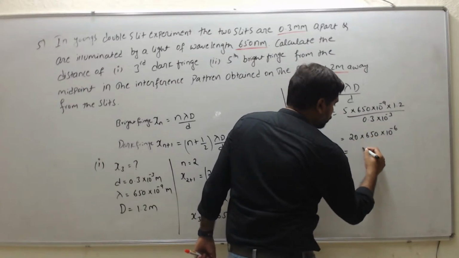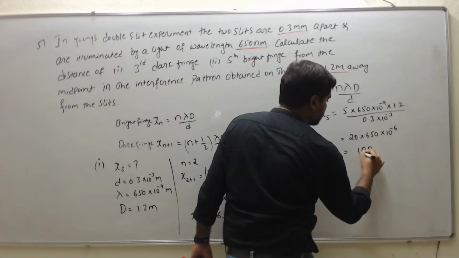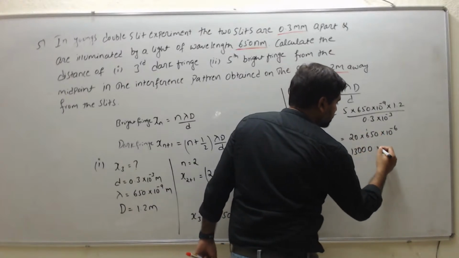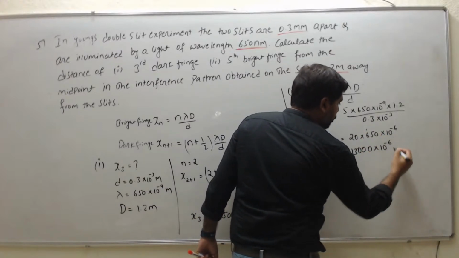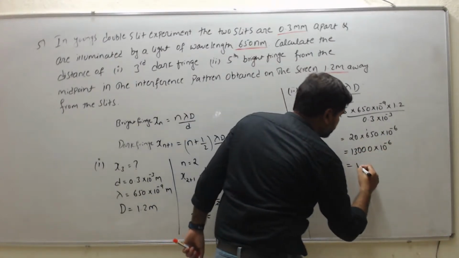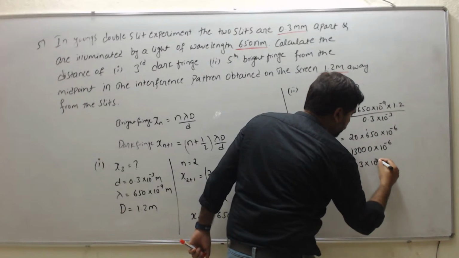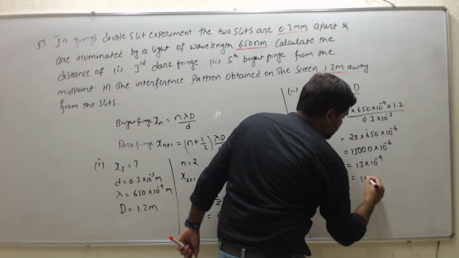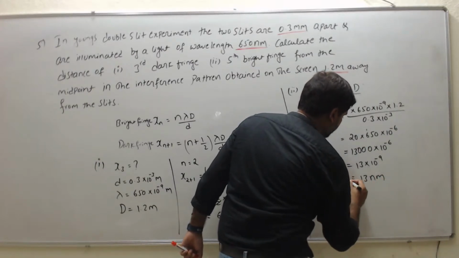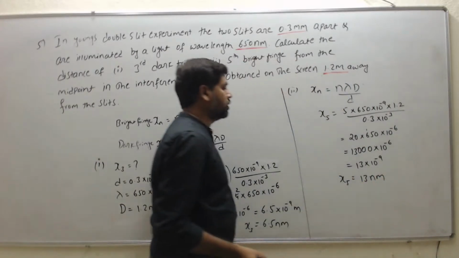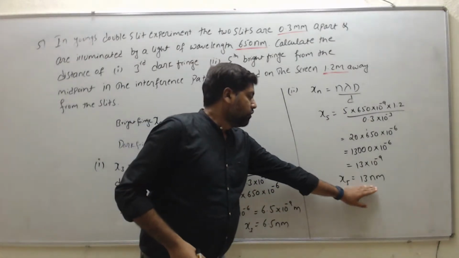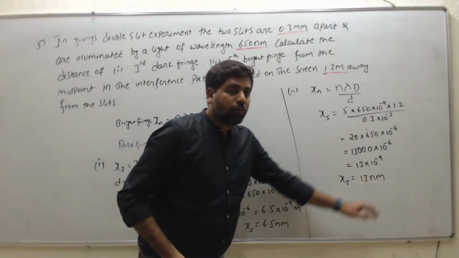So here 2 zeros. Next 2 5s are 10, 2 6s are 12 plus 1, 13. That is 13,000 into 10 to the power of minus 6. So if we shift 3 digits, it becomes 13 into 10 to the power of minus 9. Then this can be written as 13 nanometer. So this is the x5. That is, for the fifth bright fringe, we get 13 nanometer.